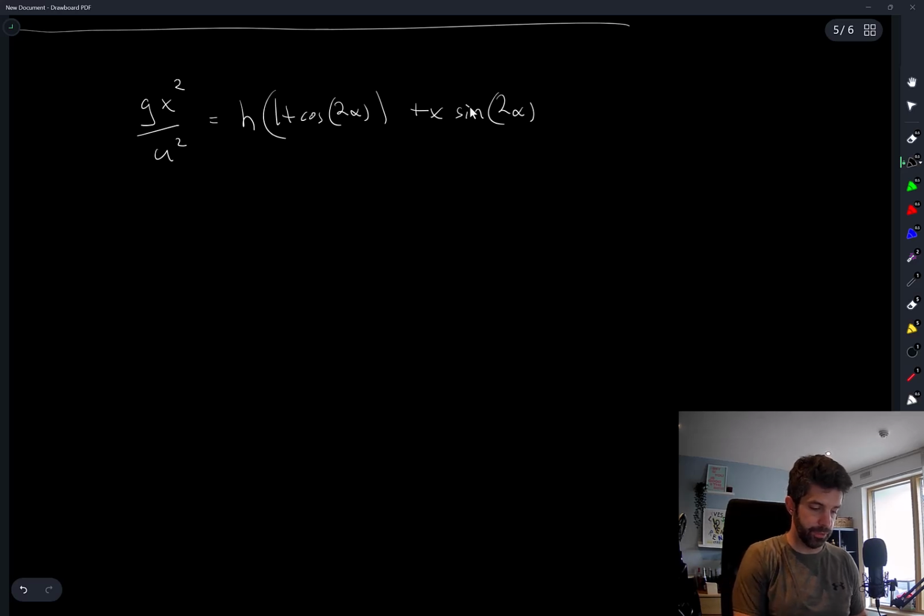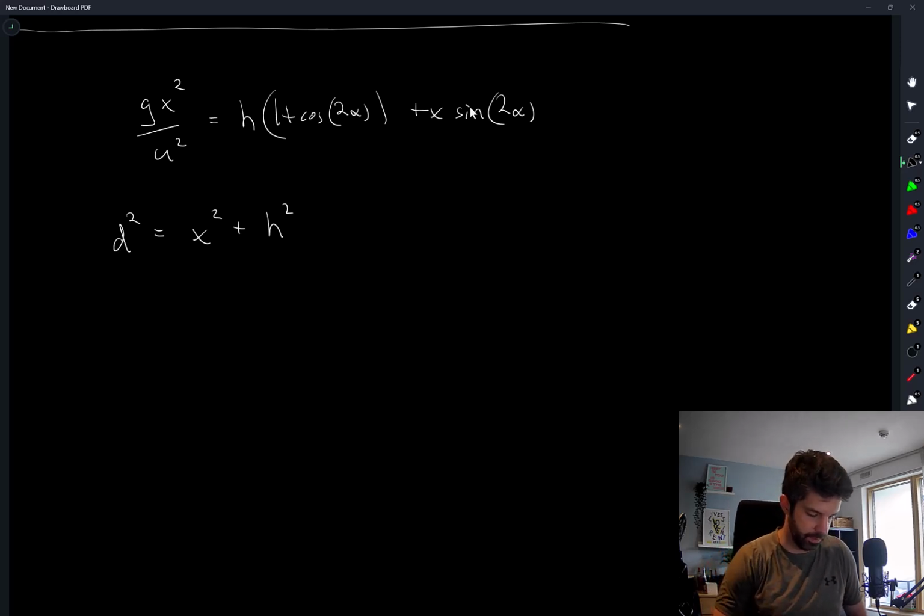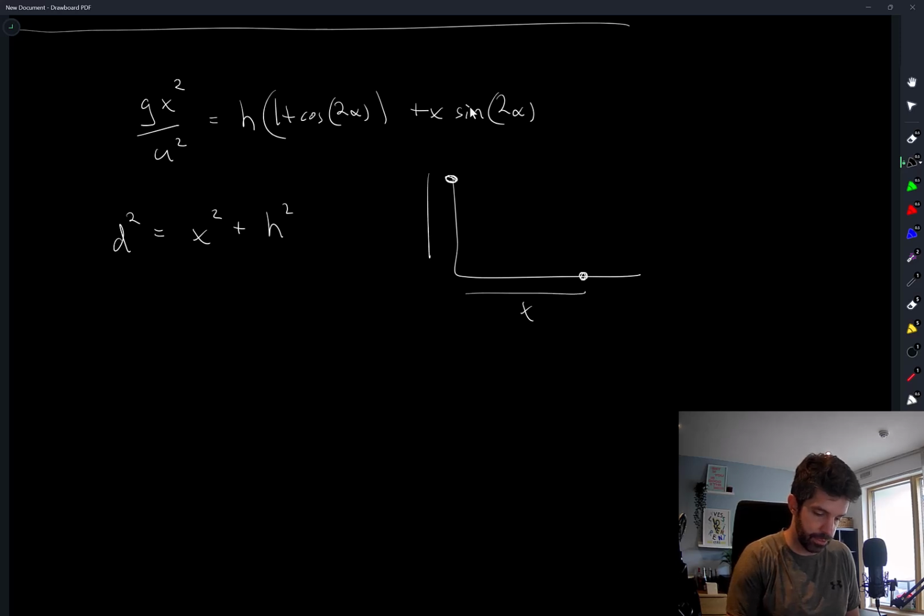And the total distance squared is equal to x squared plus h squared. That's the total distance from the landing point to the original point of the projectile, right? There's O, there's where we land. Okay, so that's x and that's h.